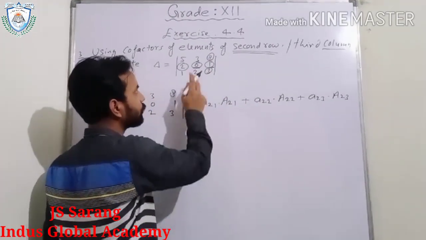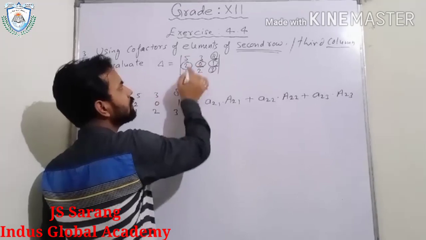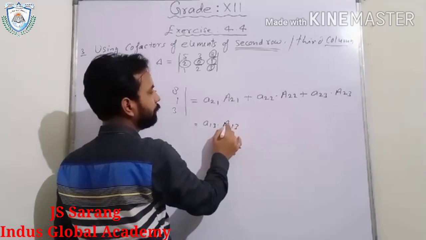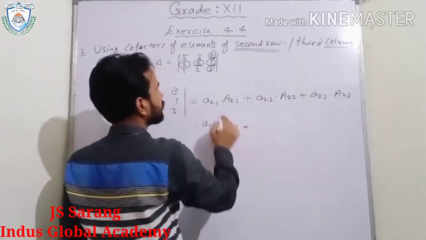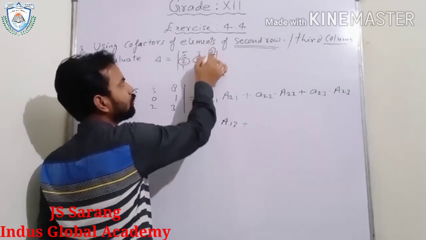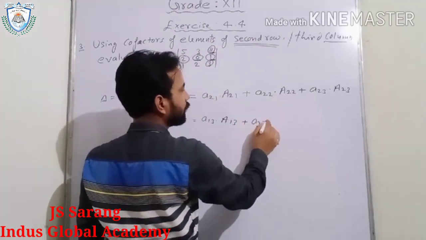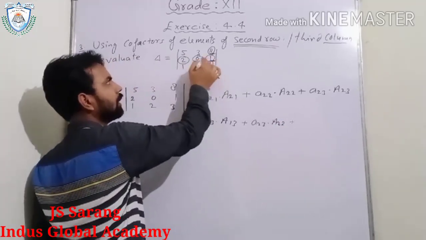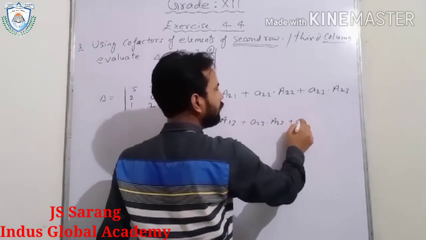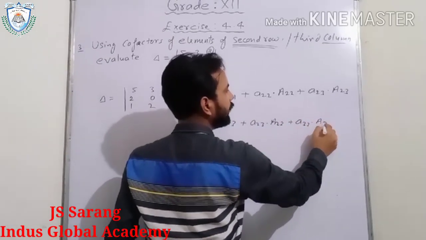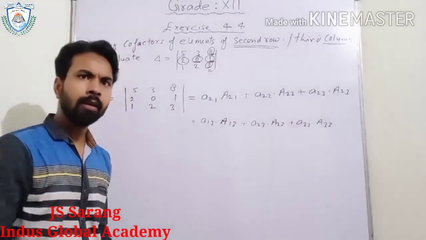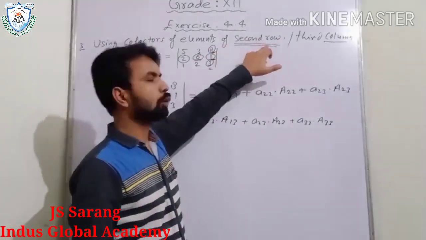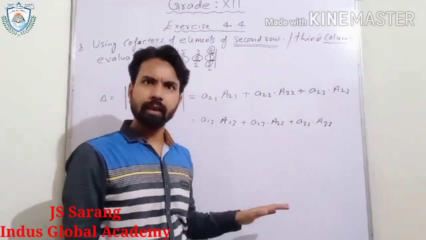Then the value of this determinant will be: this element is first row third column, so a13 into A13, the cofactor; plus this element, second row third column, a23 into cofactor A23; plus this, third row third column, a33 into A33. In the same manner we can find the value of the given determinant according to any row or column. Hope it is clear to everyone.